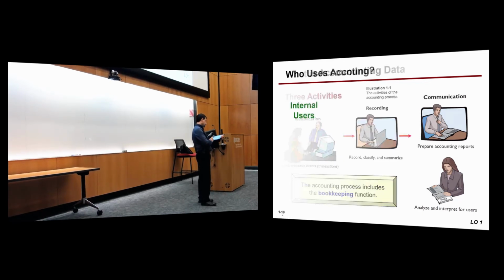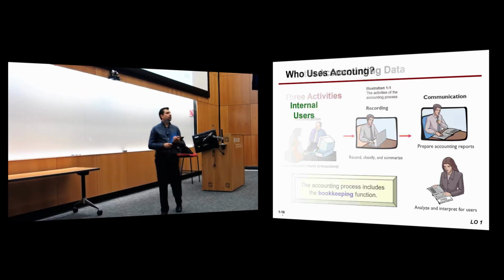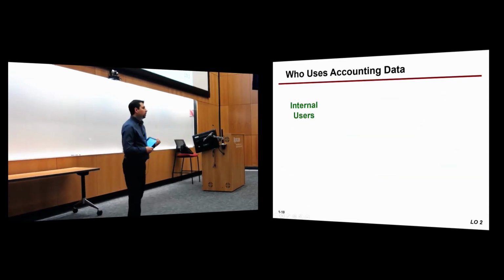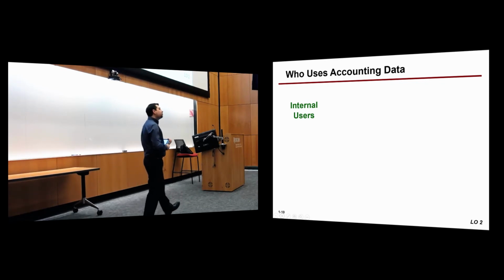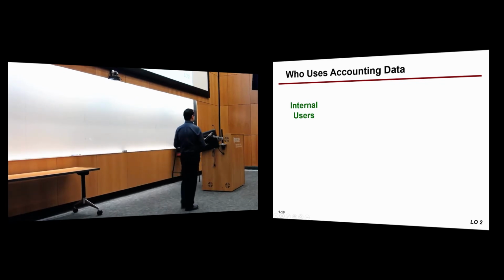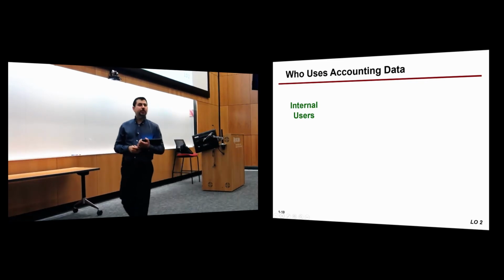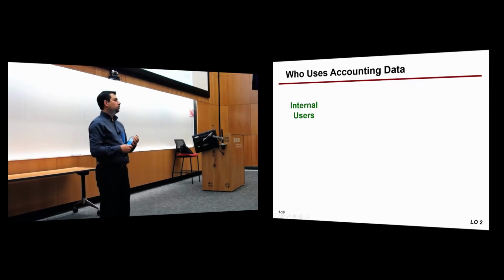Okay. So we said that we have different information users. Those are people or entities or organizations that would use the information. We have two types of users: internal users, who are from within the company, and external users, who are from outside. Can you give an example of internal users? Yes? Management. Who else?